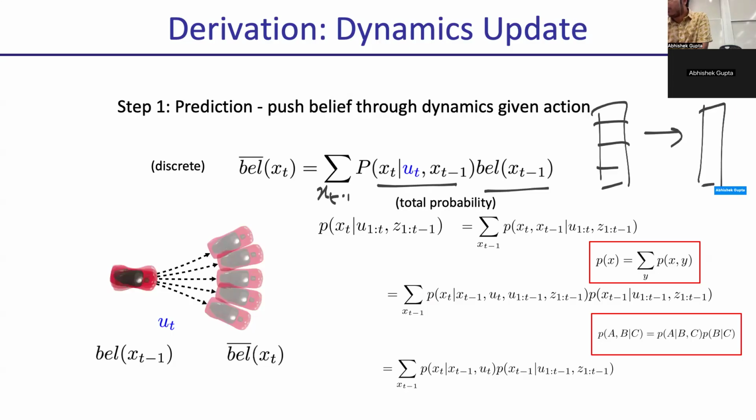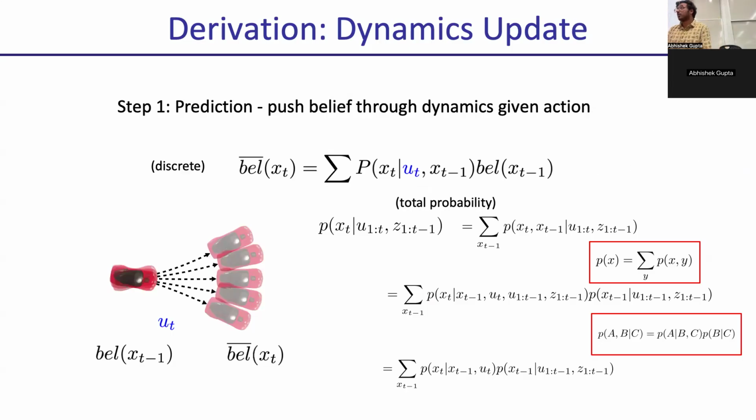Before I took the action, I thought my car was here, and then I took an action of moving down one step. After that, I have some likelihood it's here and some likelihood it's here, because I'm not exactly sure the action just moves one step. There's some uncertainty. We'll go through some examples of what this looks like in a second, but that's the basic concept.